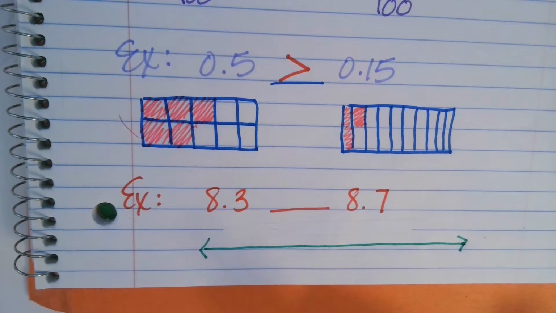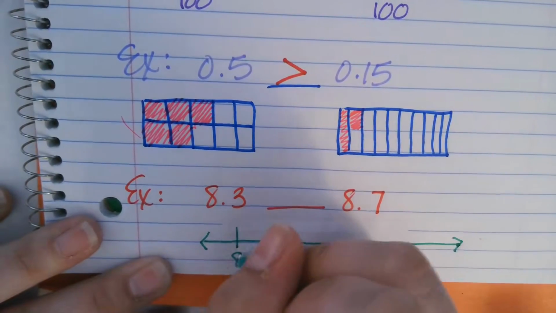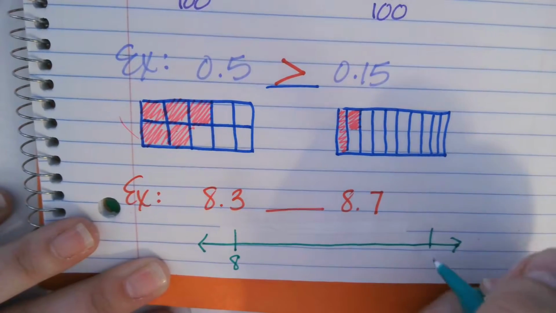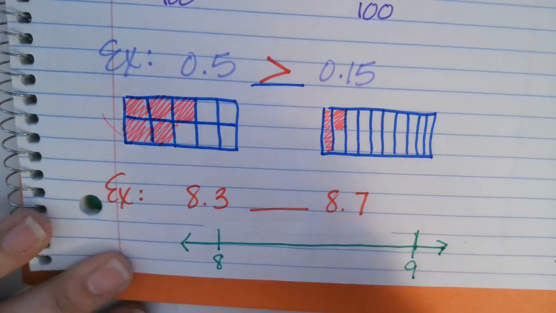For some decimals, you can think of them on a number line or even kind of round them a little bit to decide which one is bigger. So here, let's say I have 8. I start with 8, and I'm going to close out with 9 down here on my number line. Everybody good? So let's see.